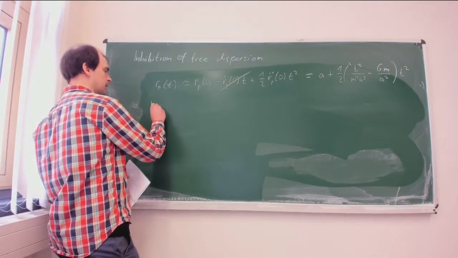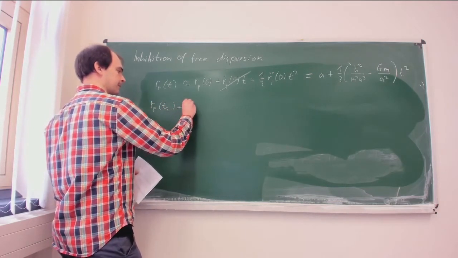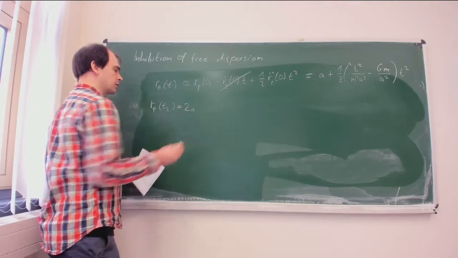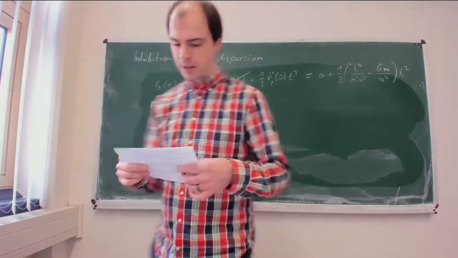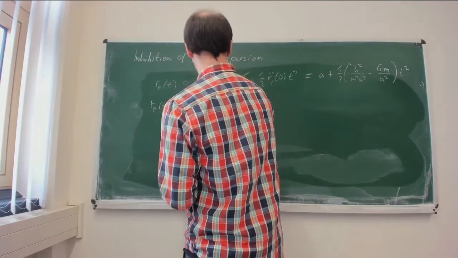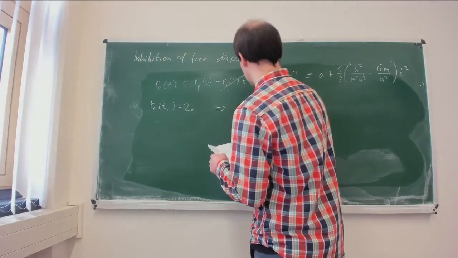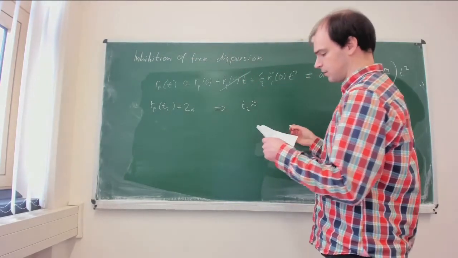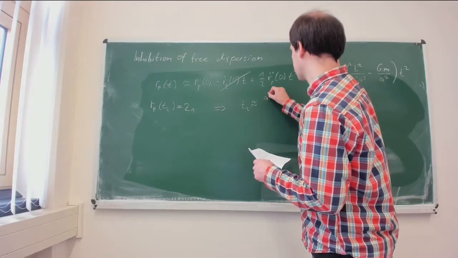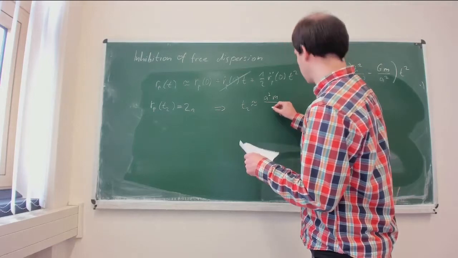So after which time has our wave function spread to a size of 2a? And what we find from this is that this time t2 can be approximately given as something that's basically a squared m divided by h bar.